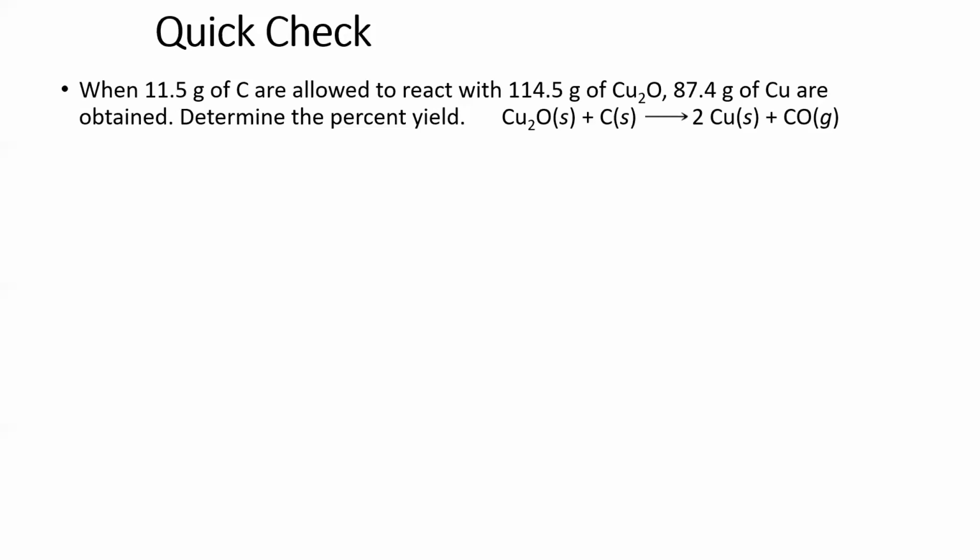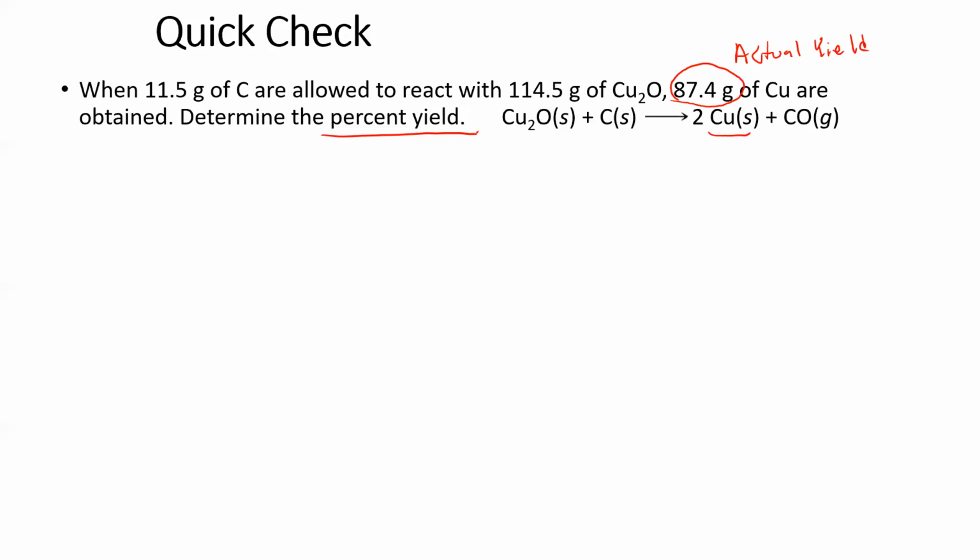What do we start with? Well, they're telling you this is obtained, the 87.4 grams of copper. We see that the copper is the product. Obtained basically means this was my actual yield. A clue for this is saying determine the percent yield.